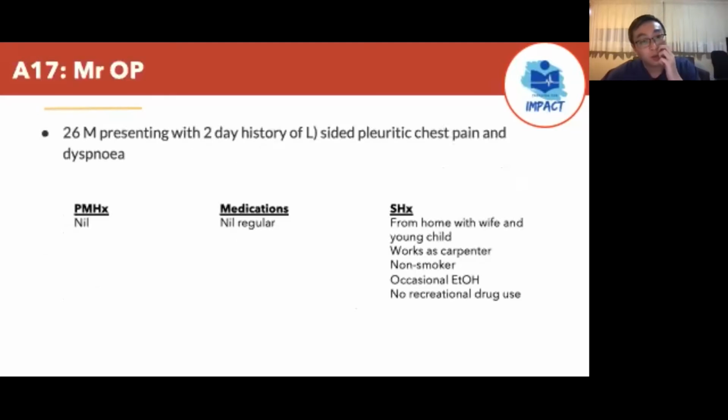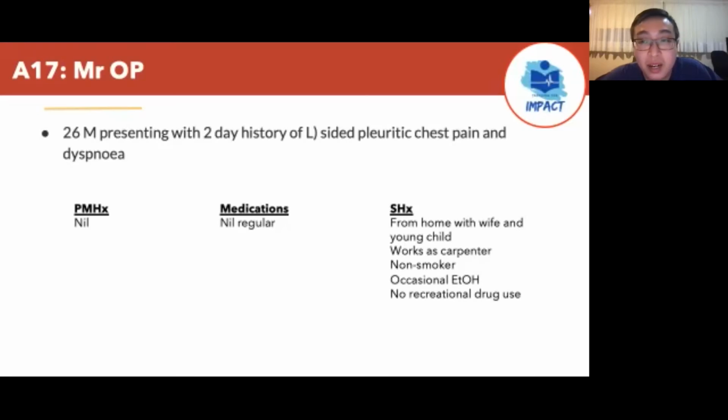Great. So the next patient that your consultant assigns you is Mr. OP. So Mr. OP is a 26-year-old male presenting with a 2-day history of left-sided pleuritic chest pain and dyspnea.